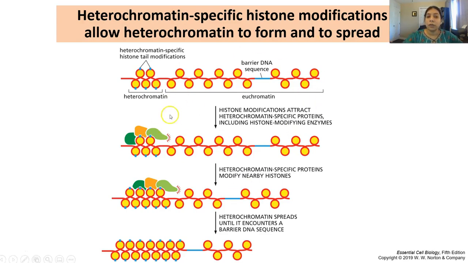In the heterochromatin region, one of the ways that you keep that chromatin densely compacted is through post-translational modifications of those histone tails. Remember, we talked about how the H3 had that little tail that could act as a clip and hold the DNA down.